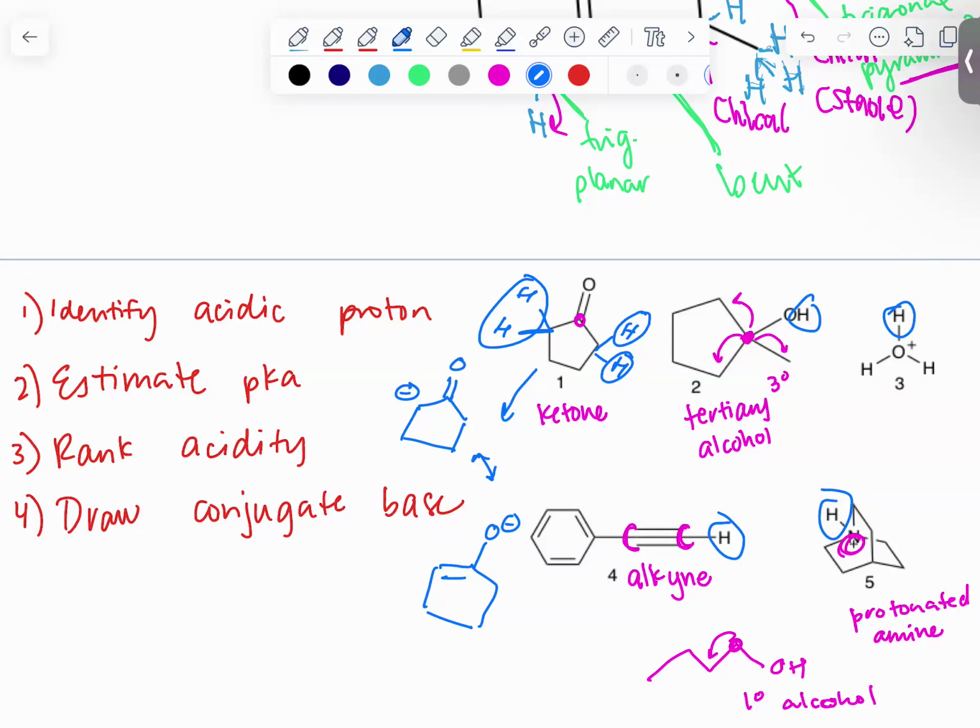But if we took off the bottom one, there are no resonance structures for this. We cannot move those electrons around because these carbons are all trapped up.